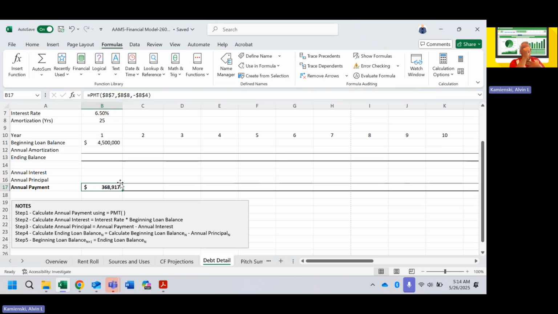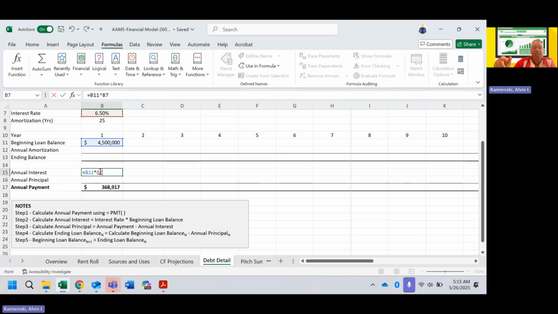And the amount of your loan goes down very slowly until near the end, when you are just paying down the amount of the loan and you've paid back most of the lender's revenues, their interest. So right here it says, calculate the annual interest by taking the beginning loan balance and multiplying it by the interest rate.